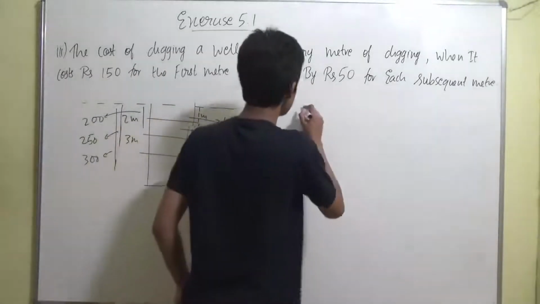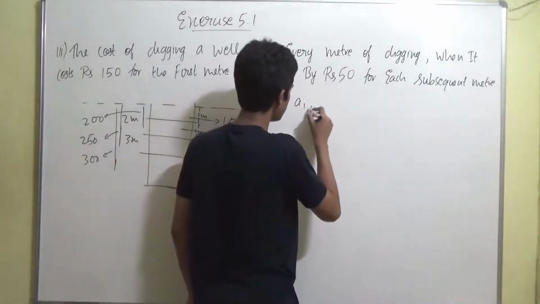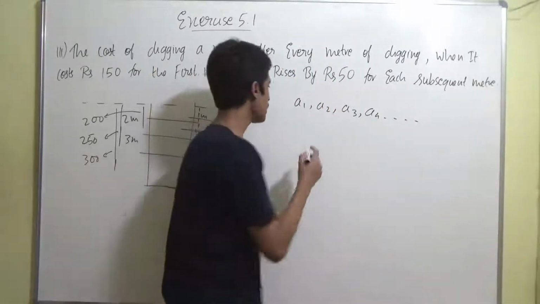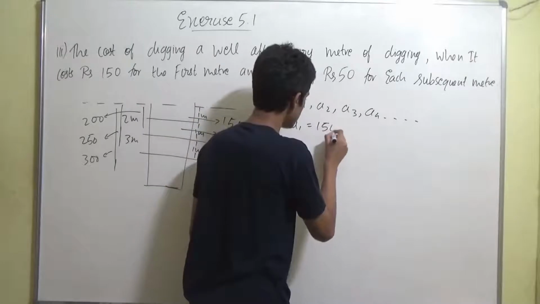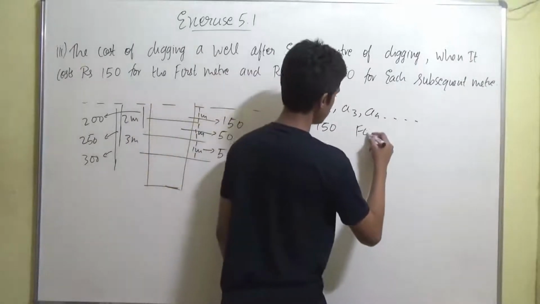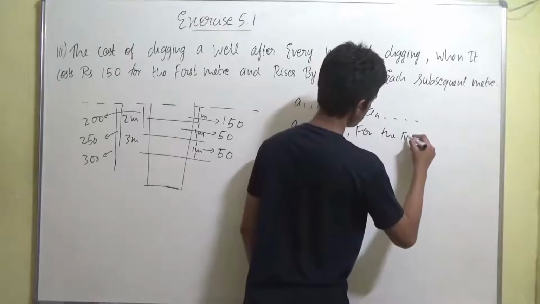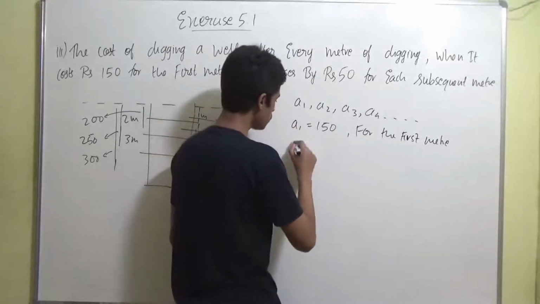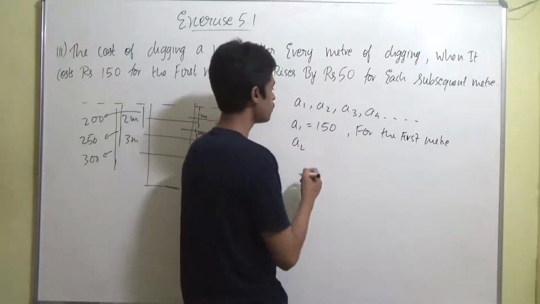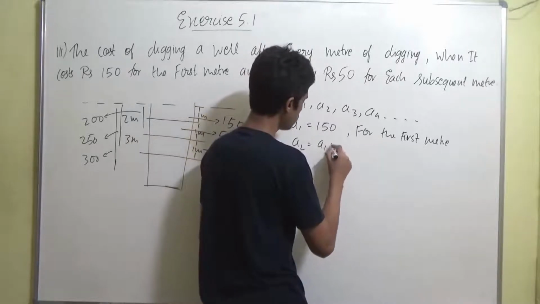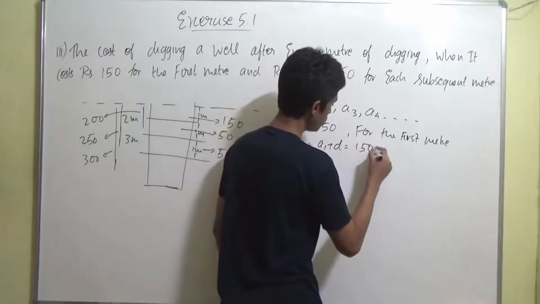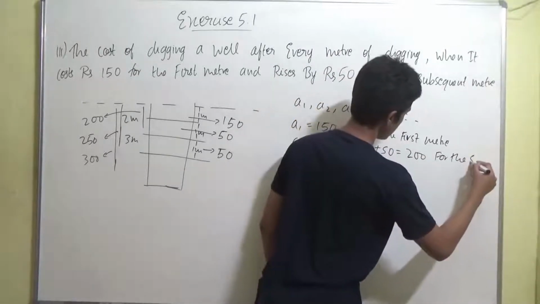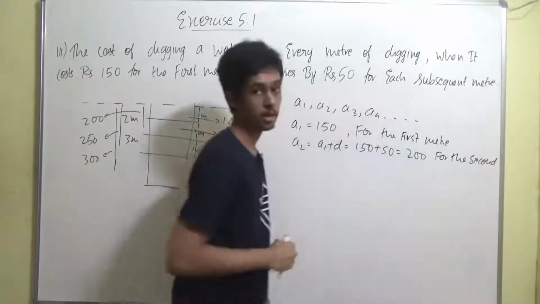That is, if this is an AP, the general form of an AP is like this, right? A1, A2, A3, A4 and so on. In this case, A1 is going to be equal to 150, that is for the first meter, and A2 is equal to 150 plus 50, that is A1 plus D, equal to 200 for the second meter dug.